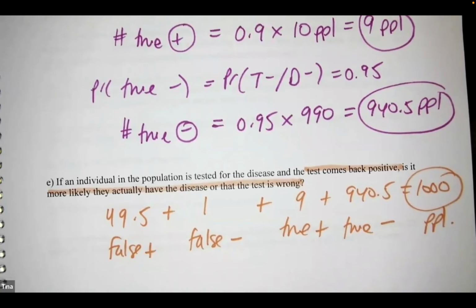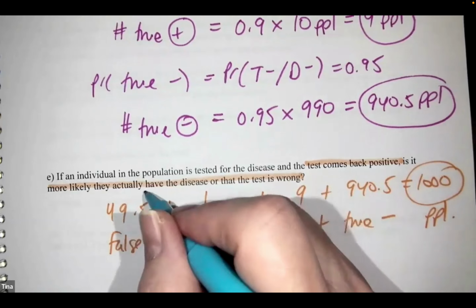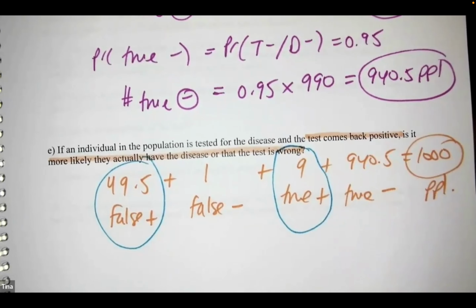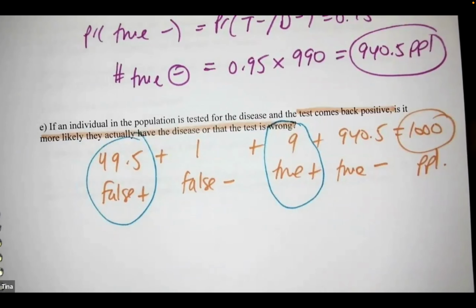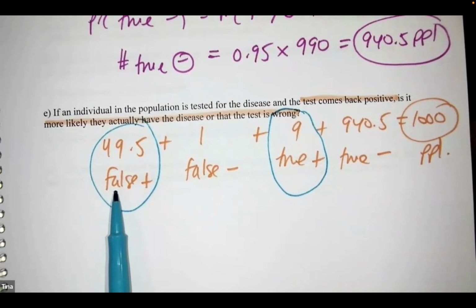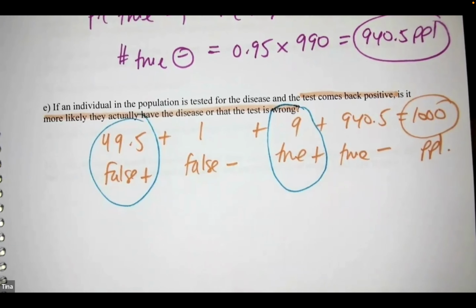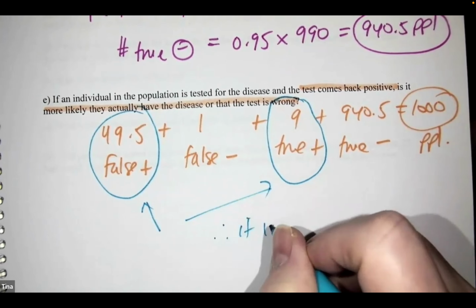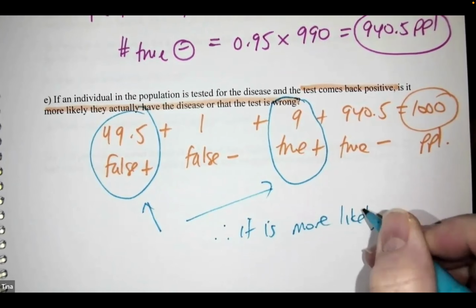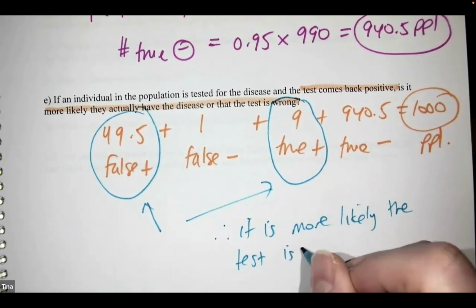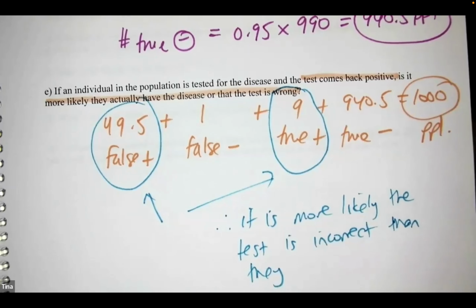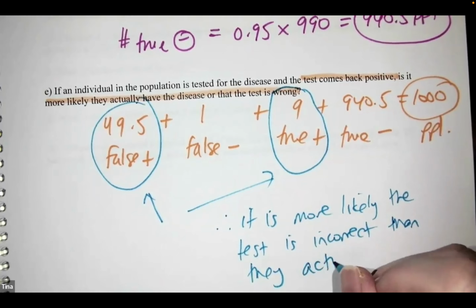Well, of these 1,000 people, we had this many got a false positive and this many got a true positive. So if you're someone who they told has the disease, 49.5 people got a false positive, only 9 got a true positive. So it is more likely that they screwed up the test and that you don't have the disease, right? So more likely the test is wrong than that they actually have the disease.